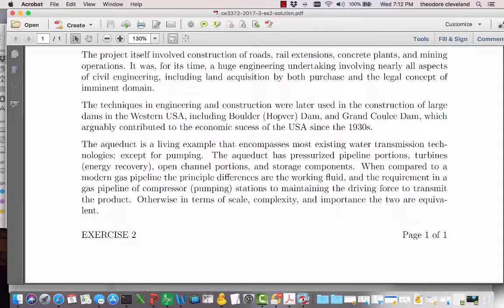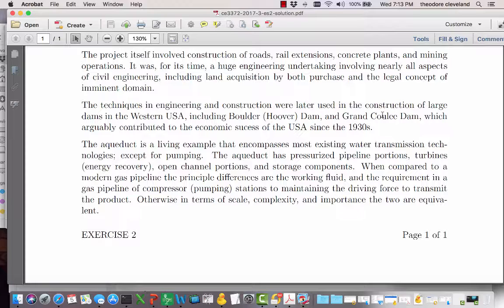The techniques in engineering construction were used later in the construction of large dams in the western United States, including Boulder Dam, or Hoover Dam, which impounds Lake Mead just south of Las Vegas, and the Grand Coulee Dam, which impounds the Columbia River in Washington. I think it's in Washington State. It might actually cross from Oregon to Washington.